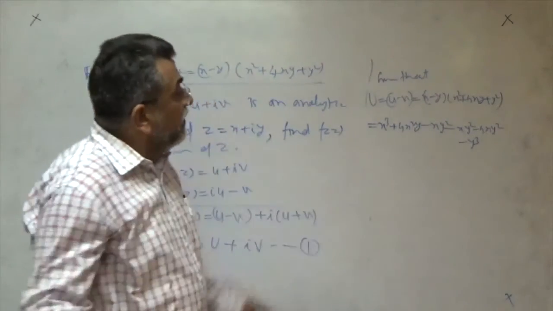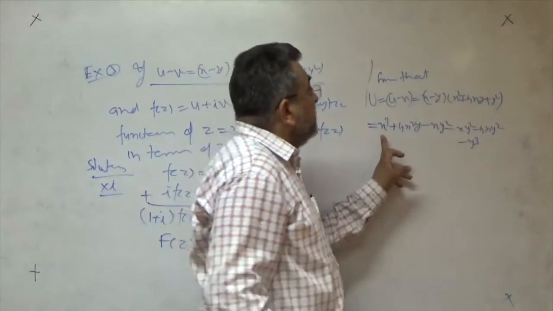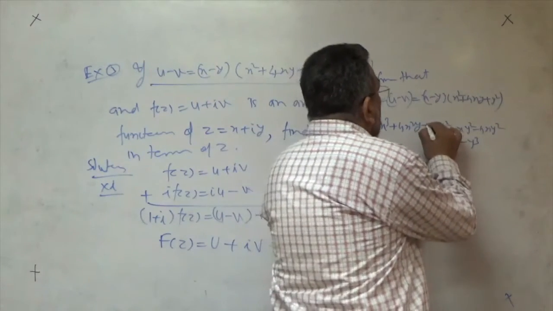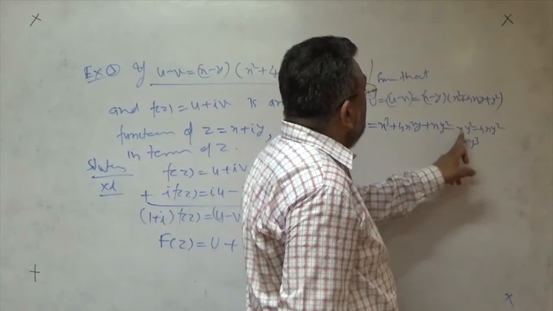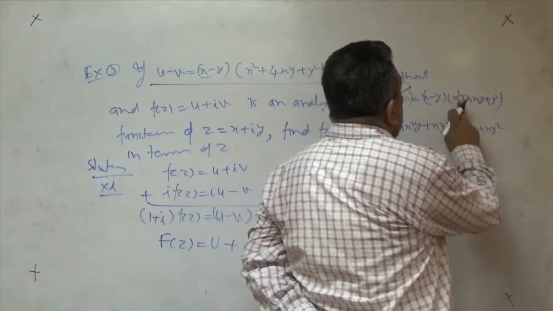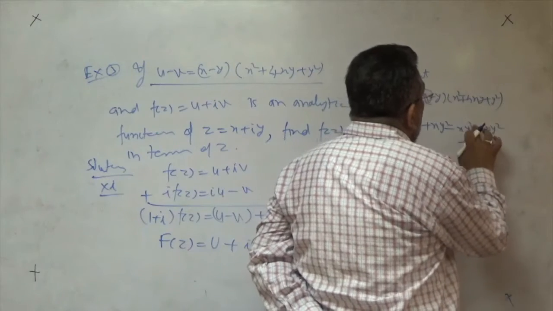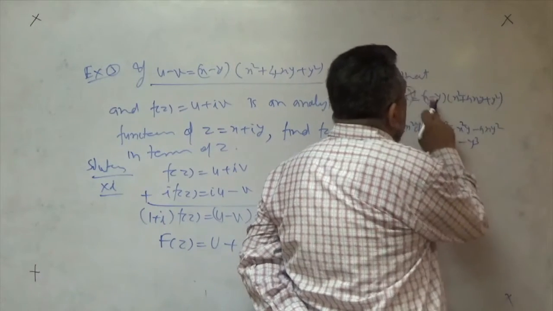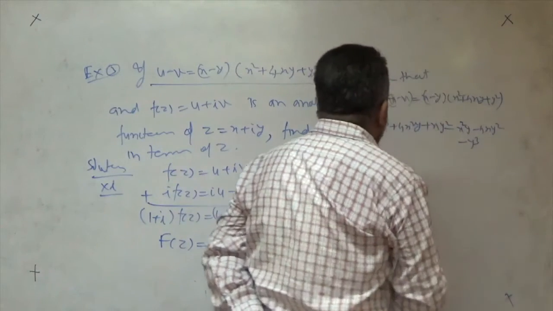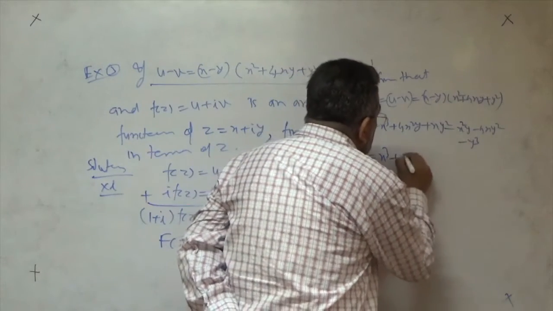If we multiply these, meaning we open these two brackets, we get x cube plus 4x square y plus xy square, then minus x square y minus 4xy square minus y cube. Now calculate again: 4x square y minus x square y means 3x square y.